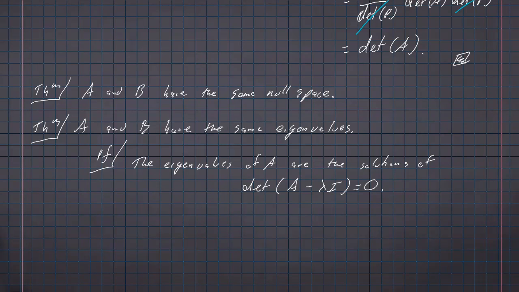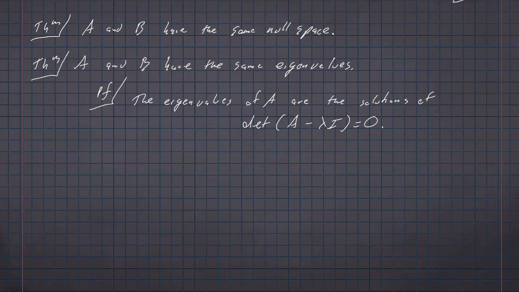The eigenvalues of matrix A are the solutions to the equation, the determinant of A minus lambda I is equal to 0. So the eigenvalues of matrix B come the same way, but I'm going to take it all the way back to the original eigenvalue problem. Bx equals lambda x, which is P inverse APx is equal to lambda x.